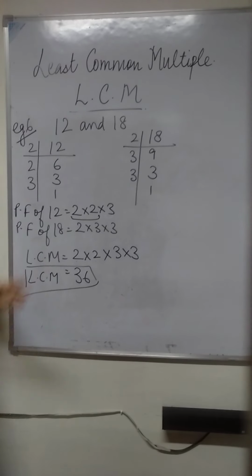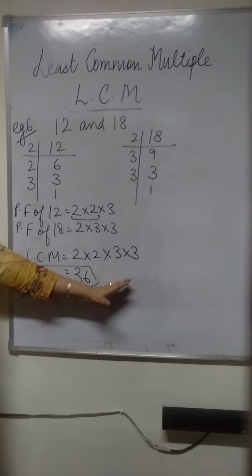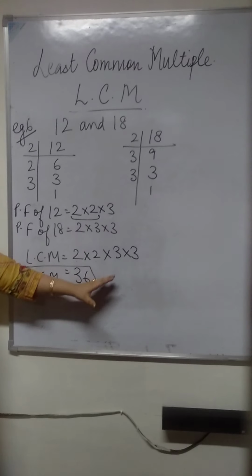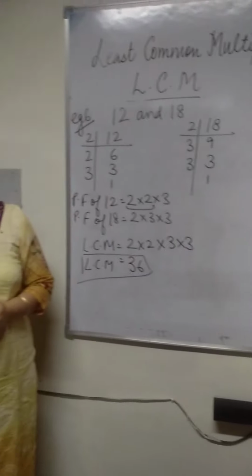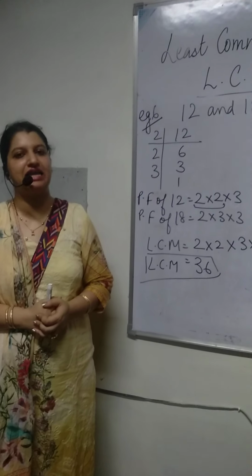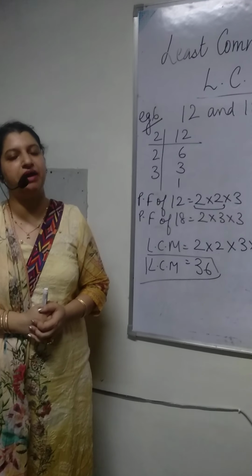And third method is finding the prime factorization separately and then taking all the prime factors together, but the maximum number of times they are appearing. Children, it is recommended to you to use the first method, that is of prime factorization taken together, because it is a more convenient and easy method for better understanding.